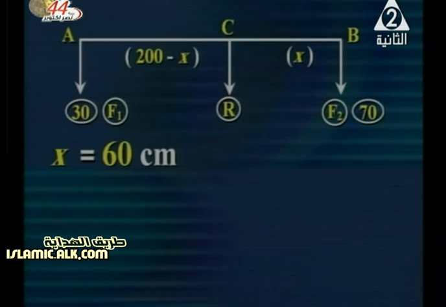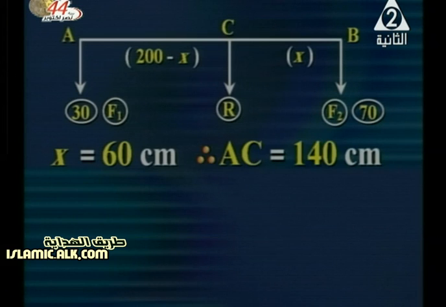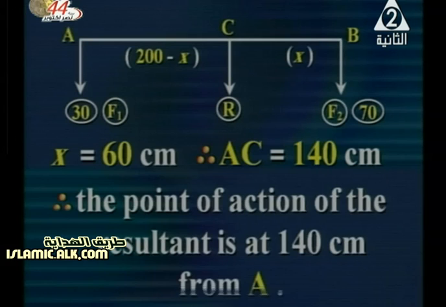R acts at 60 centimeter from point B, or 140 from point A. Then AC equals 140 centimeter. Therefore, the point of action of the resultant is at 140 centimeter from point A. Dear student, we have two forces, the first is 30, second is 70. In the same direction, we find the resultant by adding 30 plus 70 equals 100.